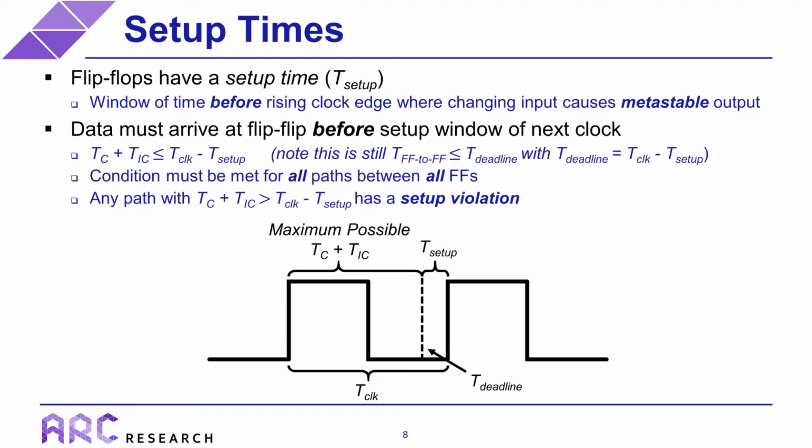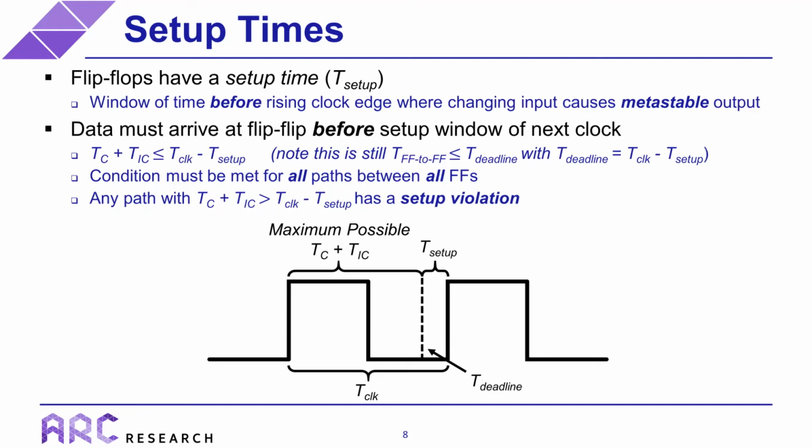If it does change during the setup window, the output of the flip-flop becomes what's called metastable, which is problematic and what we want to avoid. So the implication of this setup time is that we don't just need data to arrive at a destination flip-flop before the next clock edge, which was our original simplified definition. We need it to arrive before the setup window of the next clock edge.